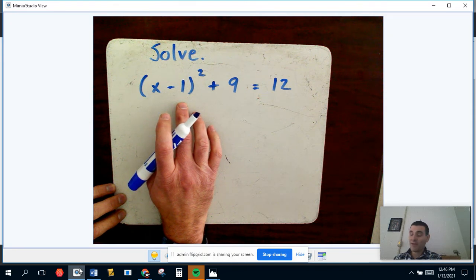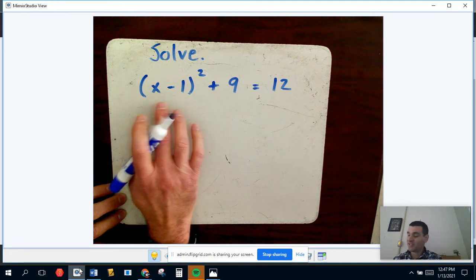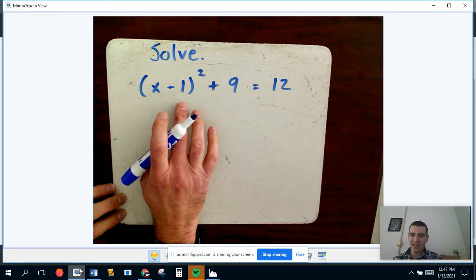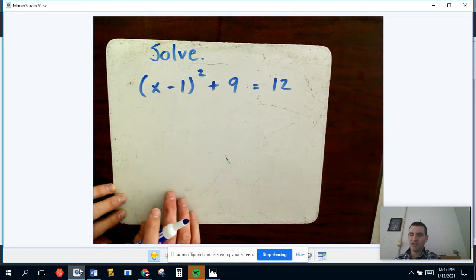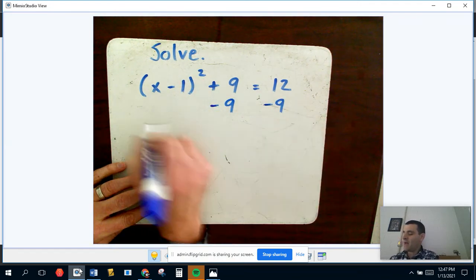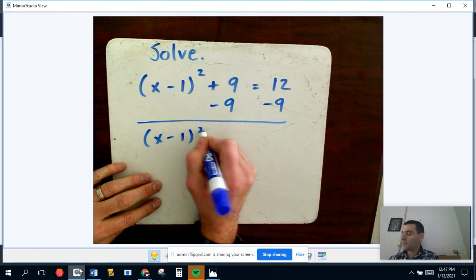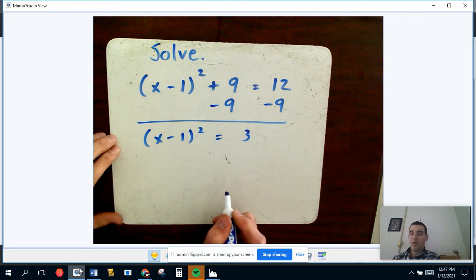But you still physically see only one variable. Now, if you were to FOIL this out or distribute it out, you'd have x squared and x. But since they're already sort of packaged together in one square, I can use the square root method here as well. So I'm going to subtract 9 from both sides. Okay.